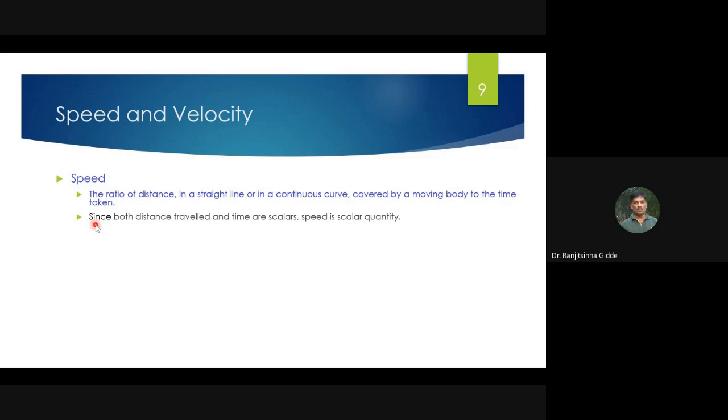This difference is very important, and it may be asked during campus interviews. You should have proper understanding regarding speed and velocity. Then you can write, since both distance traveled and time are scalars, speed is a scalar quantity.